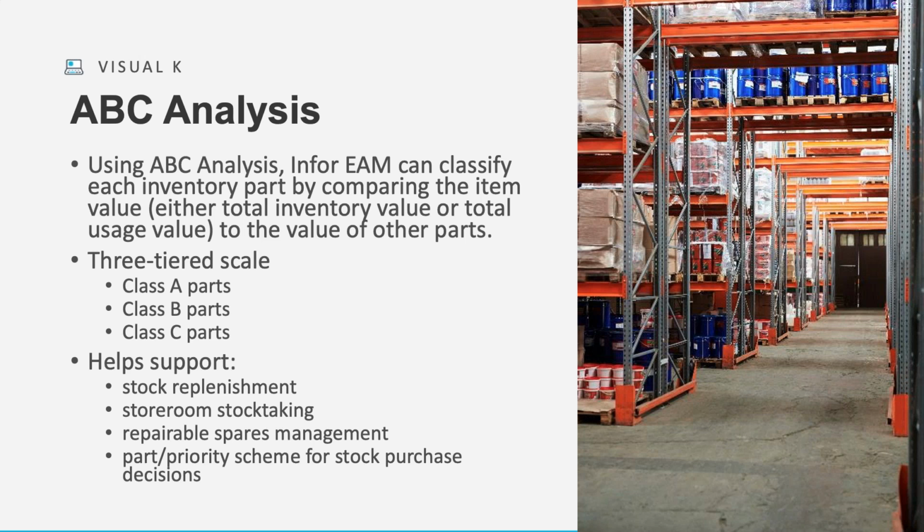So how are you using your parts against work orders, and the system will look at those and tell you, based on your usage, this can be classified as a class A, or based on your total inventory value, this can be classified as a class B part. So you're going to see both of those in the mix.